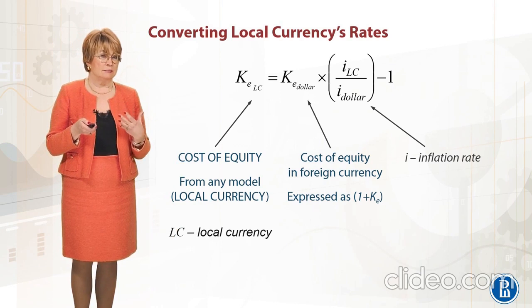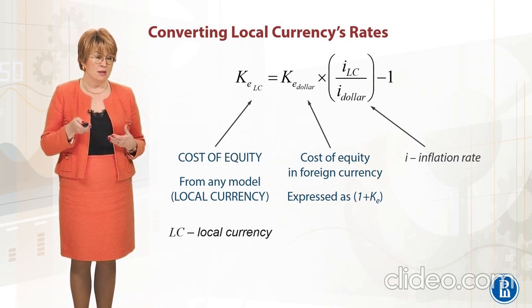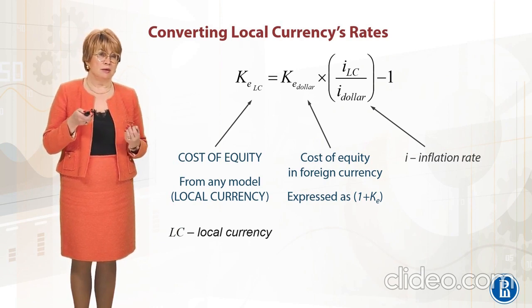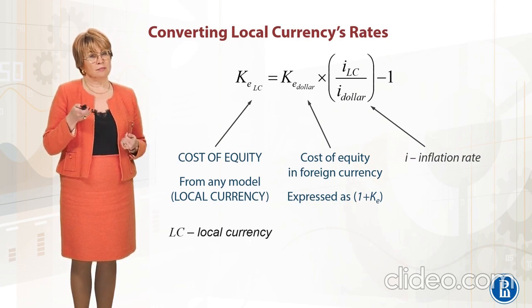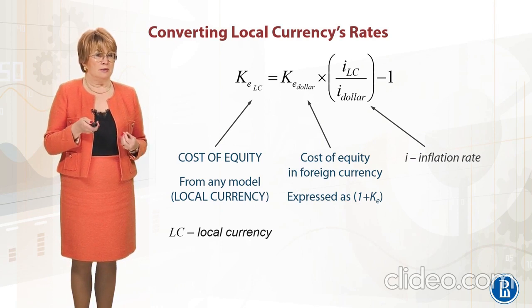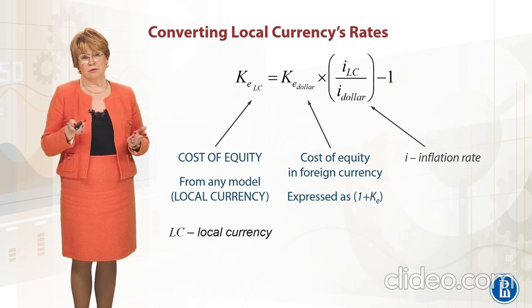Then we need to multiply it by the relative coefficient of inflation rates, numerator in local currency, denominator in the benchmark country currency, and finally we have to subtract 1 from the product of cost of equity expressed in dollars multiplied by that adjustment coefficient.